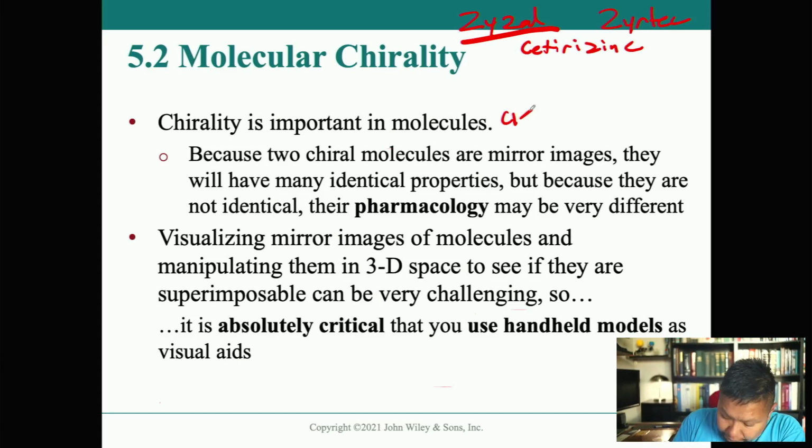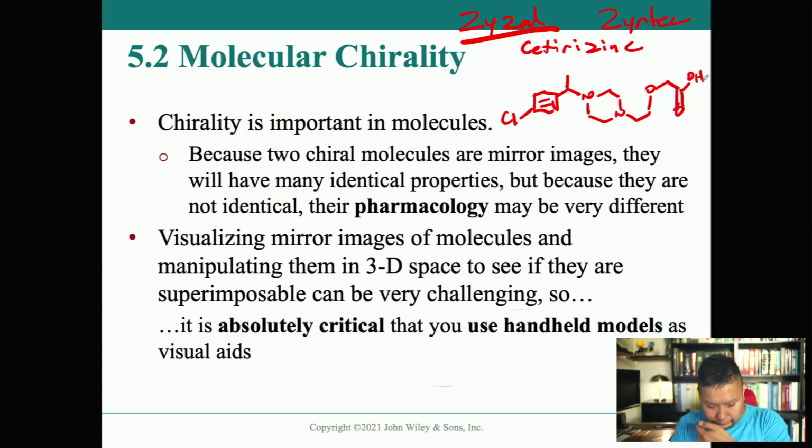Cl, benzene ring, and then that with a nitrogen, six-membered ring, and then this, that, and that with the alcohol. Oh, and then there's another benzene ring up here. Okay, that is cetirizine.